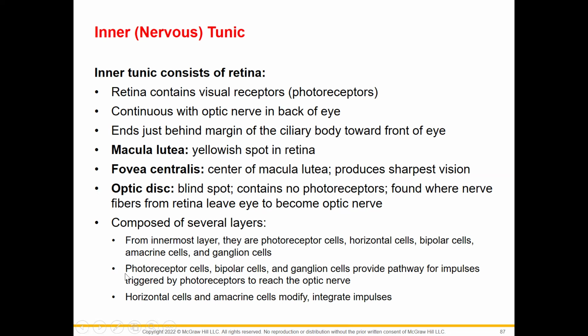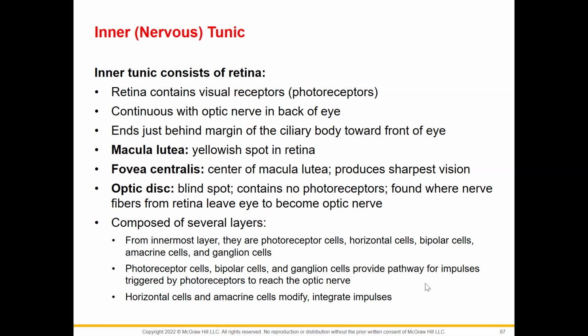So photoreceptor cells, bipolar cells, and ganglion cells basically give the impulses from the stimulus received by the photoreceptors a way to reach the optic nerve so that it can go to the brain for interpretation. Then you have horizontal cells and amacrine cells that modify and integrate your impulses.